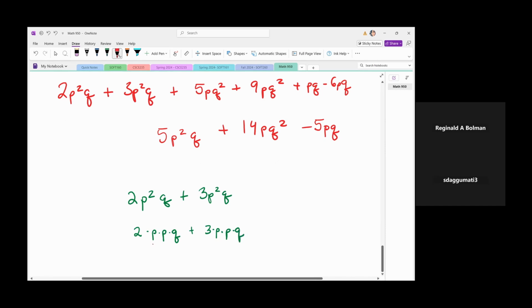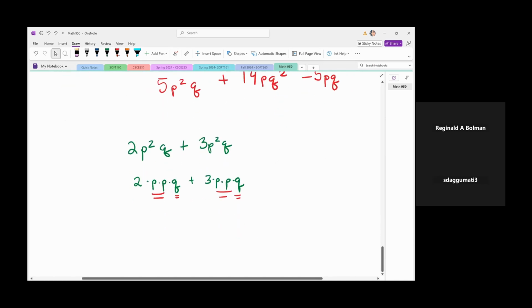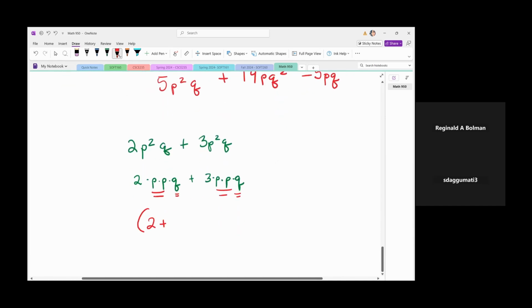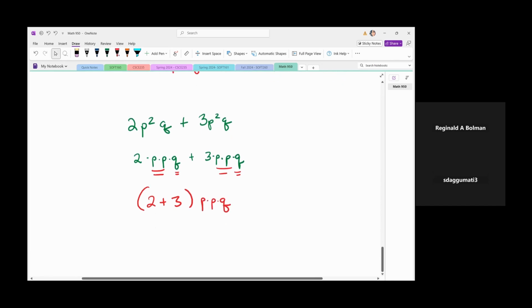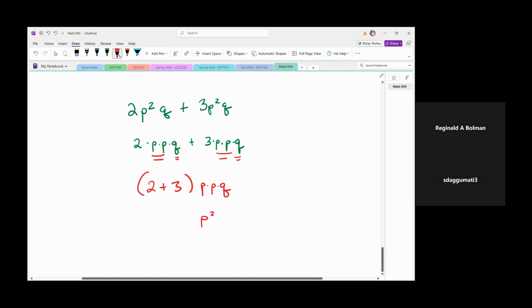Because you see the same terms here and here, by the distribution law, you may write those terms out in front of your parentheses. So you've got p squared q on the outside, and 2 plus 3 gives you 5.